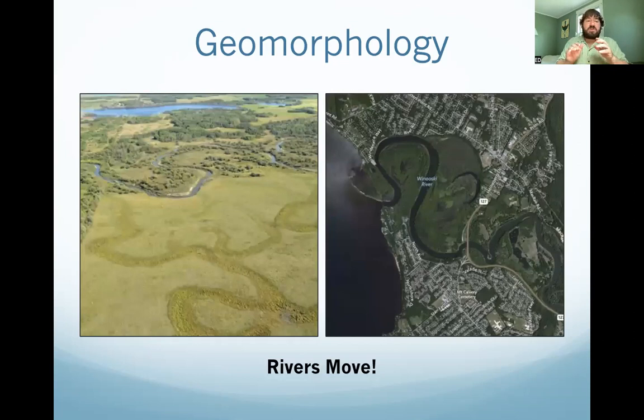So it's a little bit abstract, but we can actually see it as it's played out in the past on the landscape. So in this picture on the left here, on the top half, you can see the river meandering through that landscape, the sequence of pools, riffles, meander bends on the upper portion.